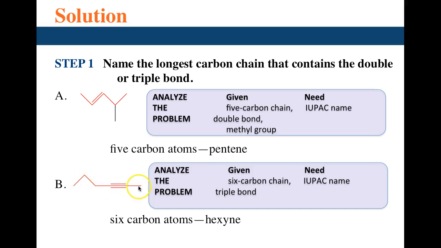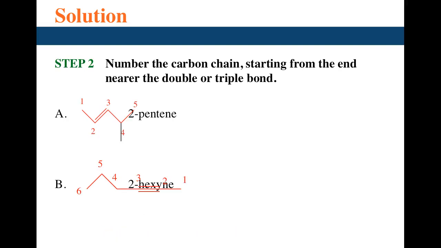I don't know why there's 6 carbons here. So you have 1, 2, 3, 4, 5, 6. Okay, sorry, I made a mistake. Where the triple bond is, it indicates there are 2 carbons there. There's a carbon here and another carbon here. So a total of 6 carbons, so hexyne.